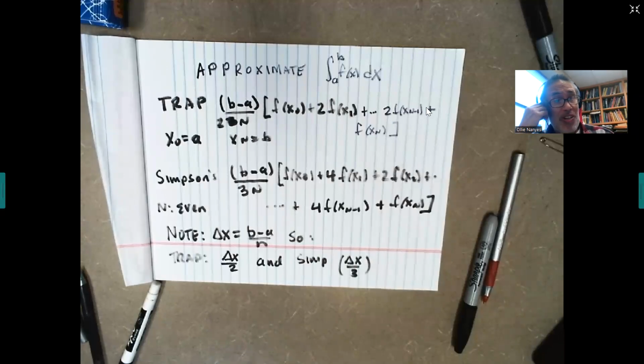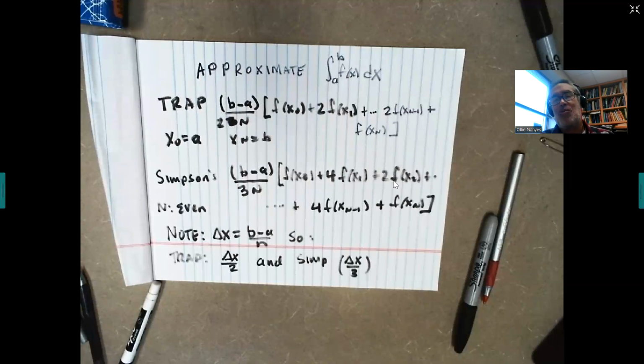For Simpson's, the coefficient in front of all the sums is b minus a over 3n, where n is considered even. The coefficients for the values of the function go 1, 4, 2, 4, 2, etc., where f evaluated at a partition point with an odd index gets a 4, and f evaluated at a partition point with an even index gets a 2.